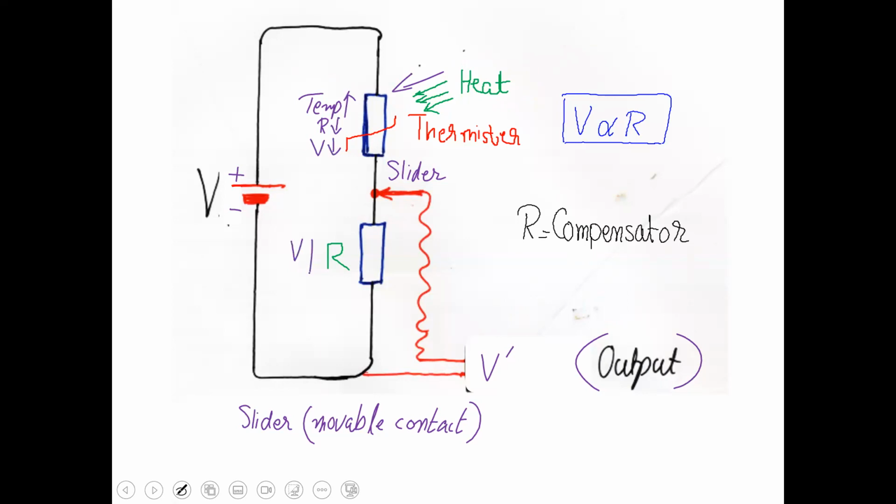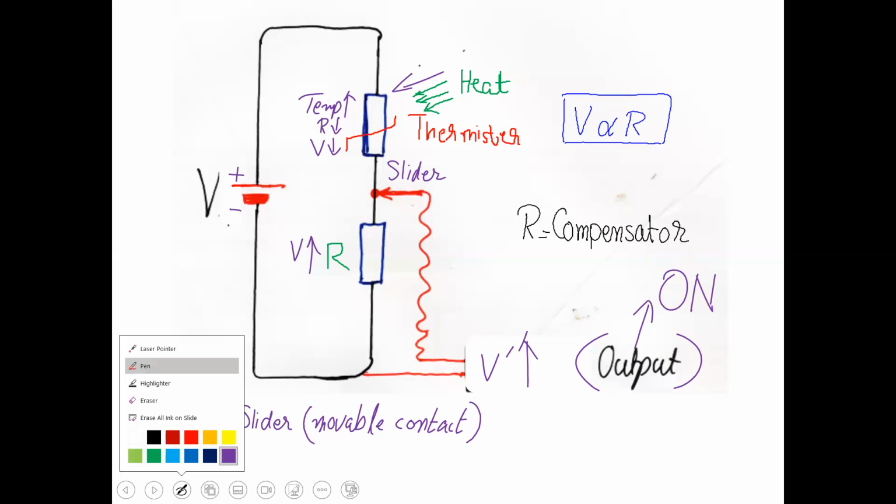To compensate, voltage across the resistor increases, which means the output voltage increases. So the output device gets on. For example, a fire alarm: when heat increases, the fire alarm should operate itself automatically.